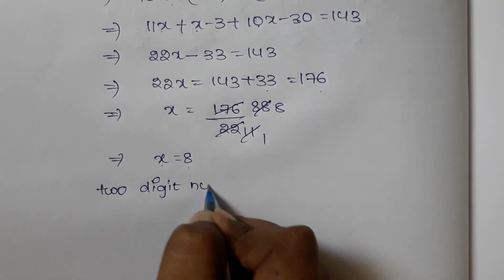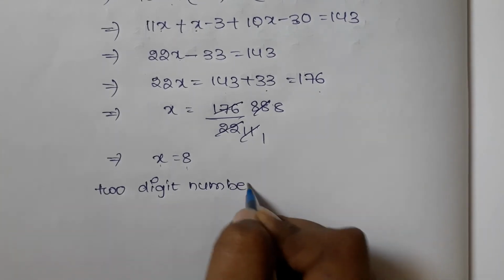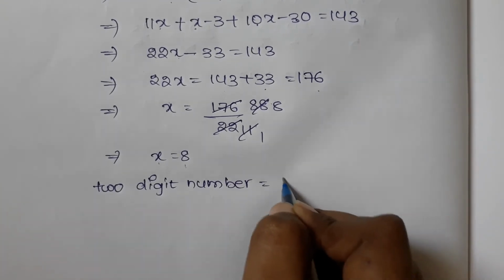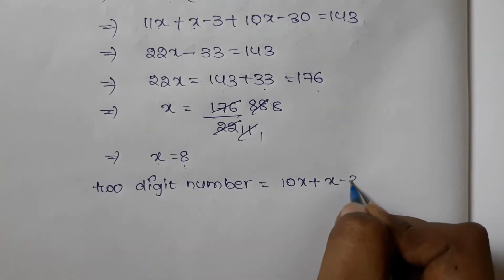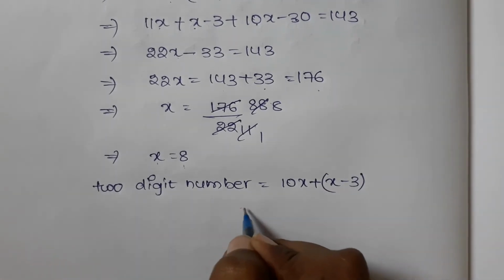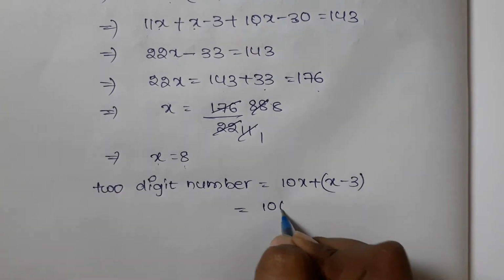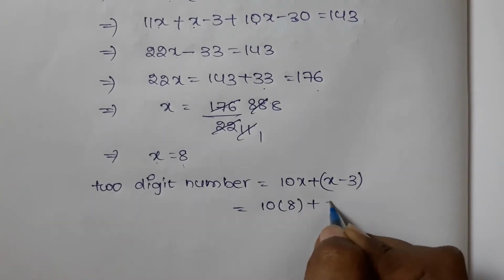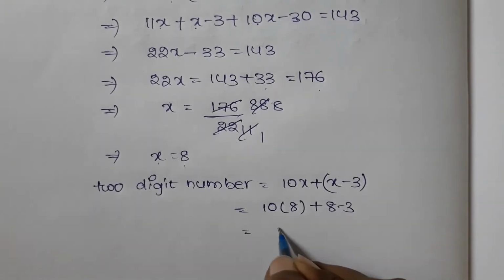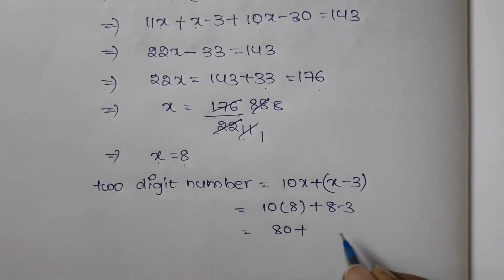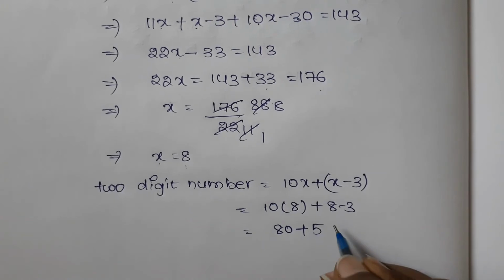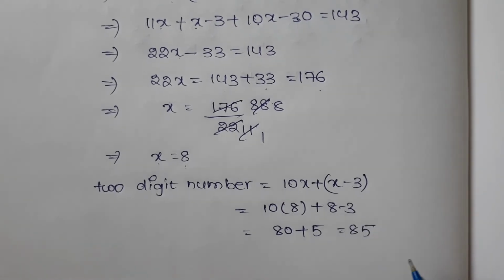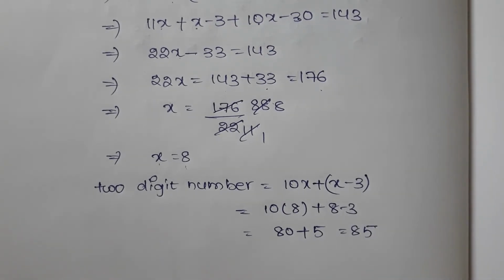The two-digit number is 10x plus x minus 3, which equals 10 into 8 plus 8 minus 3, that is 80 plus 5, which equals 85.